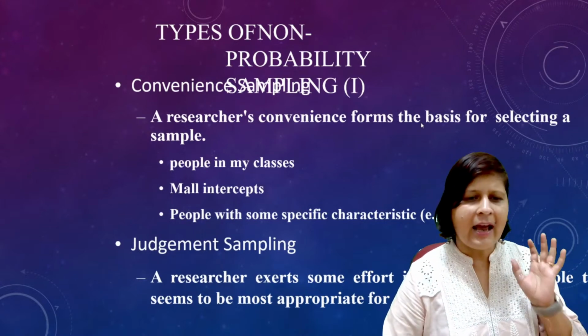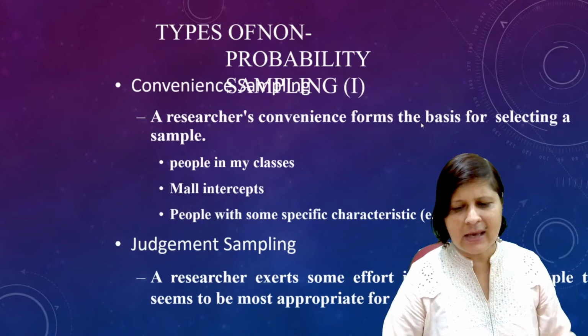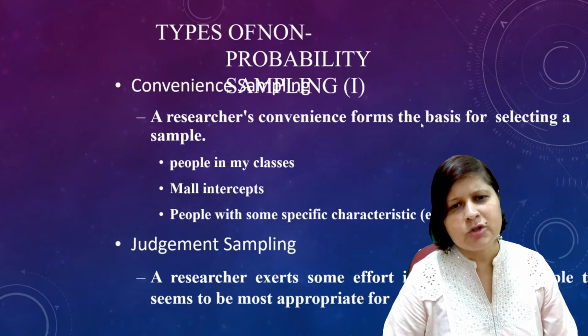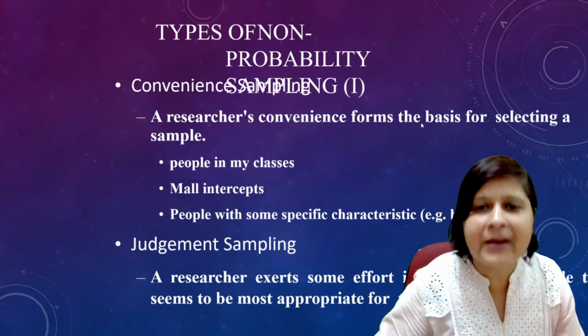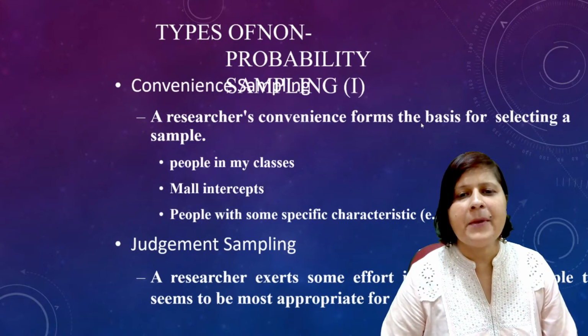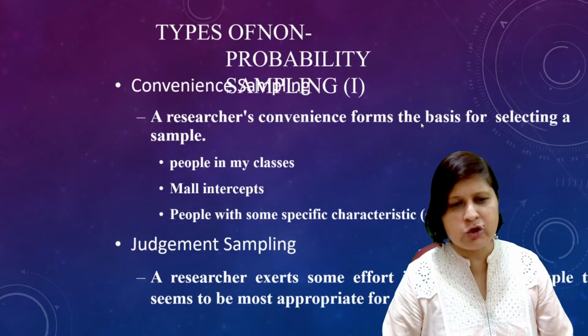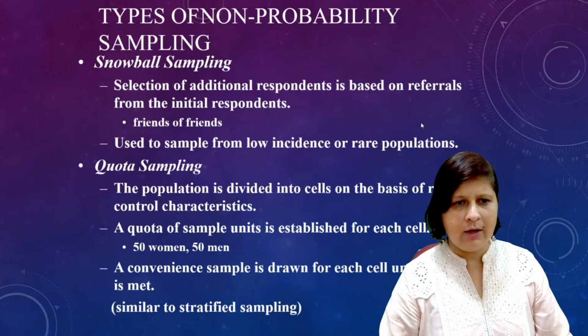When I select X as a sample, and I feel X is most appropriate for this study, then that is known as judgmental sampling. It depends on the judgment of the researcher. The researcher could be biased while judging anyone.